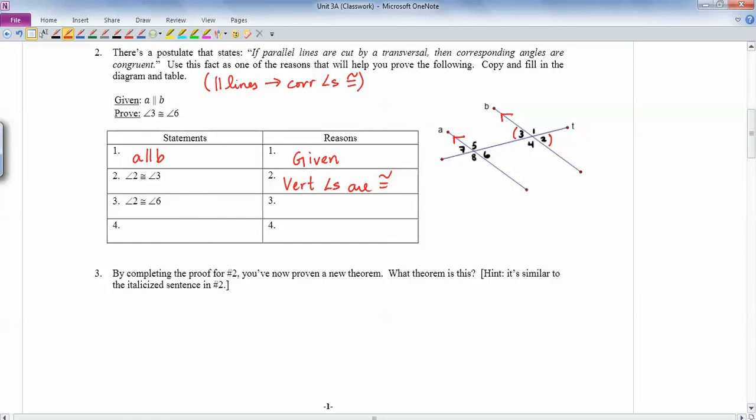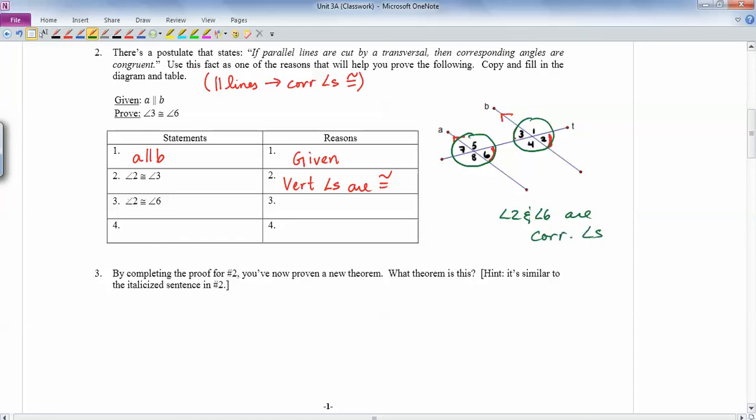Okay, well here's 2, and here's 6. And if you notice, 6 is in the bottom right-hand side of this chunk, it's the rightmost angle of that chunk. And 2 is the rightmost angle of this chunk. So angle 2 and angle 6 are corresponding angles in this picture.